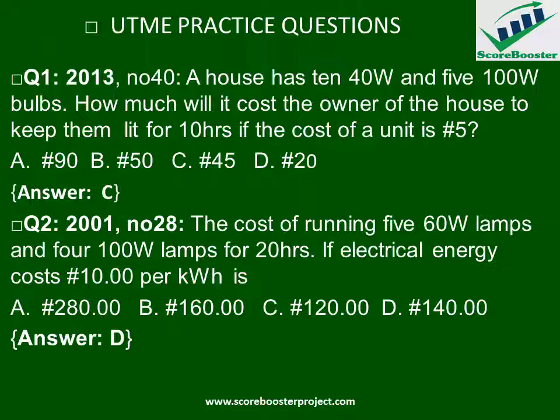I repeat, the cost of running a 560 watt lamp and a 400 watt lamp for 20 hours if the electrical energy costs 10 naira per kilowatt hour is that. So you have option A to be 280 naira, option B is 160 naira, option C is 120 naira, while option D is 140 naira. So the expected answer here is option D, which is 140 naira.